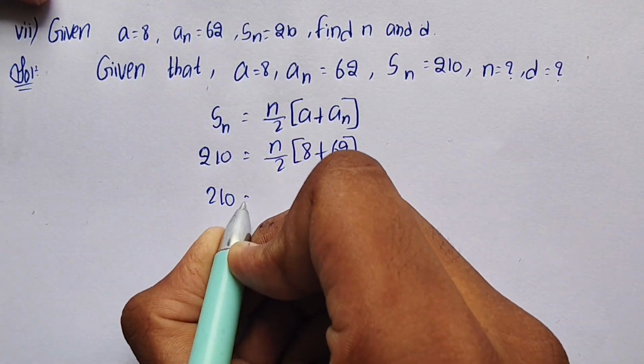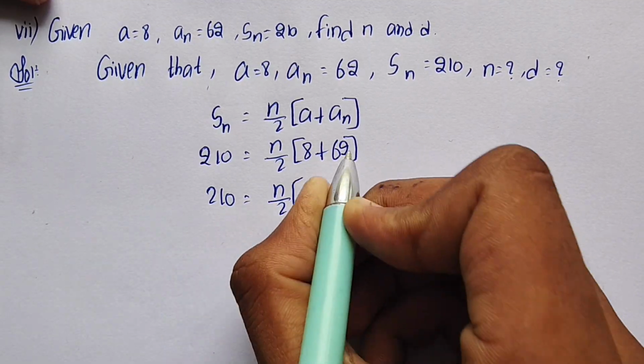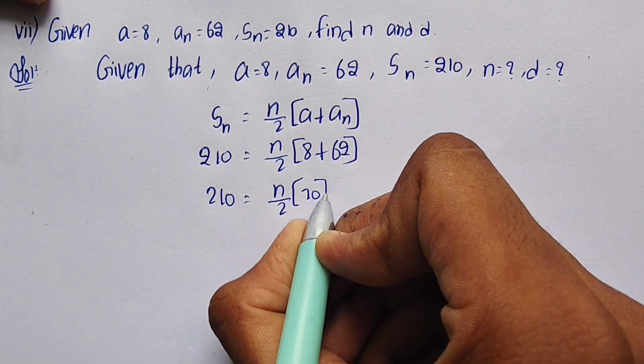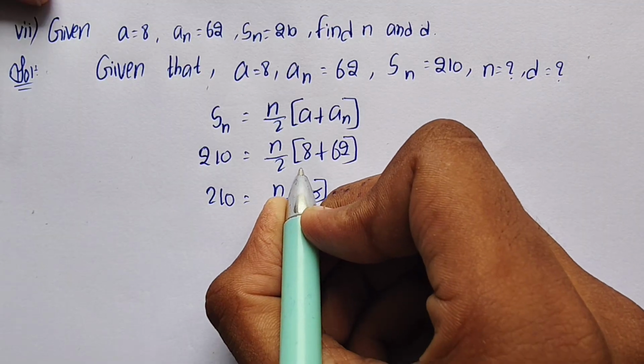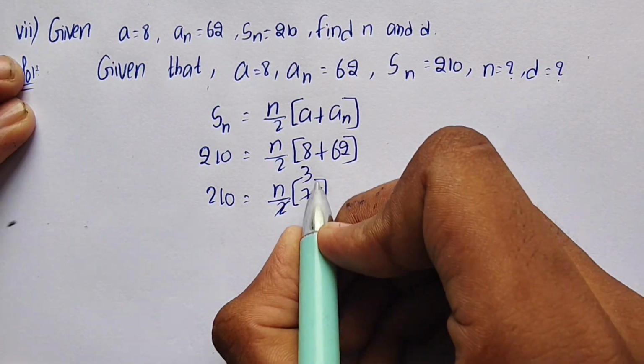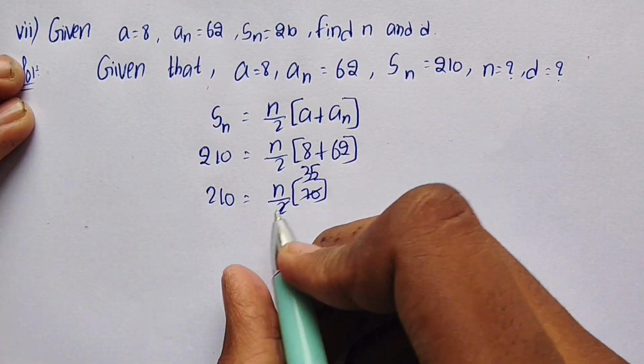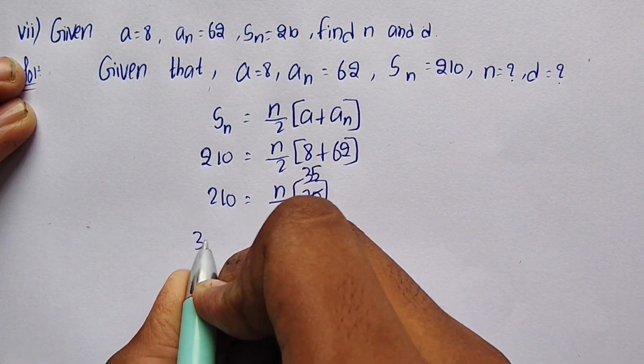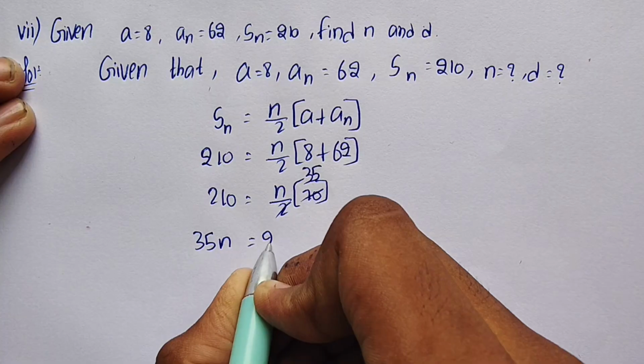So 210 is equal to n by 2 into 62 plus 8, which means 70. 2 ones are 2, 2 threes are 6, it remains 1, 1 before 0, 10. 2 fives are 10. So we get 35n is equal to 210.